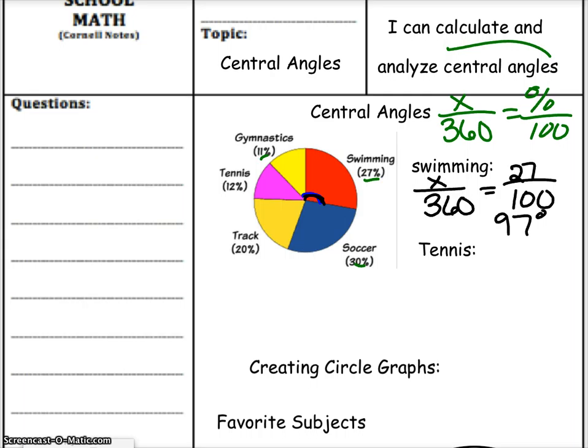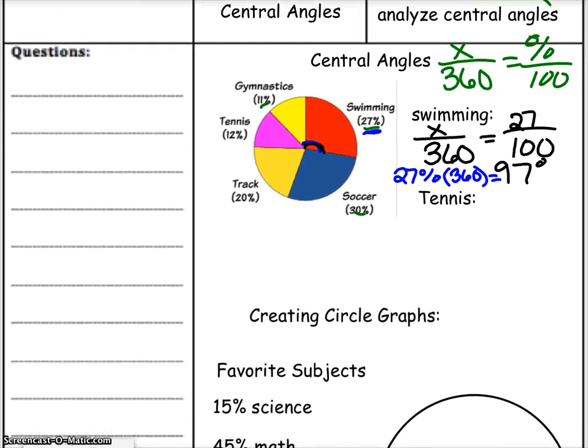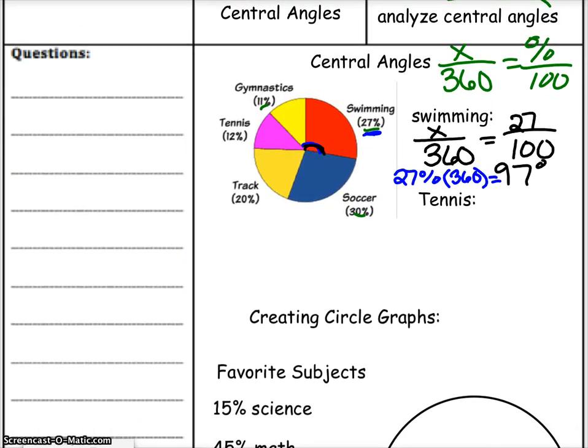So that's the proportion strategy. Recall from the front page we can do a fast strategy, which is just percent times amount. So the part of my angle is 27% of 360. You could go 27% times 360, and that will also give you 97 degrees. Faster to do that strategy. Now I want to know how big the central angle is for our tennis sector.